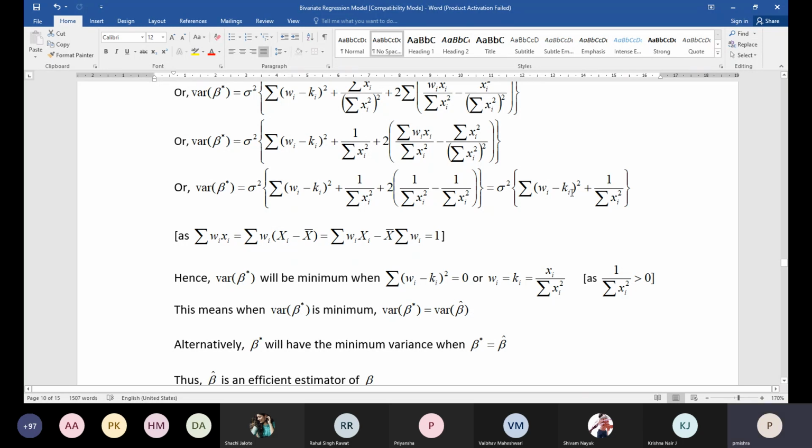That is, wi is equal to small xi divided by summation of small xi square. Sorry. And when we have this, it is basically giving us beta hat.